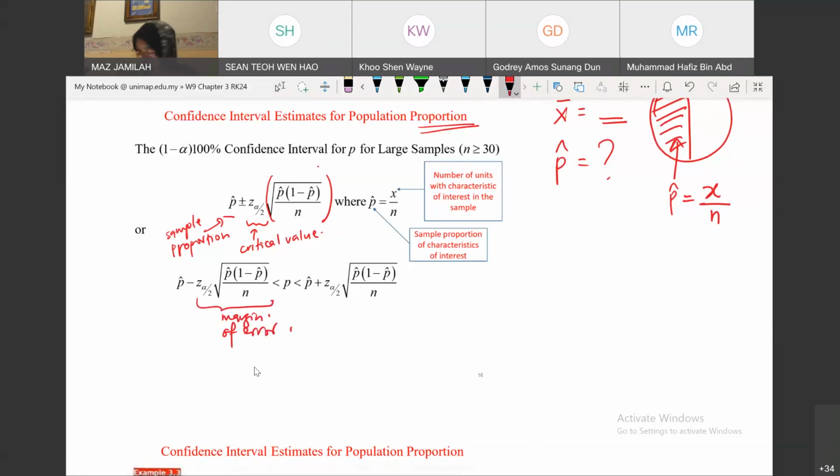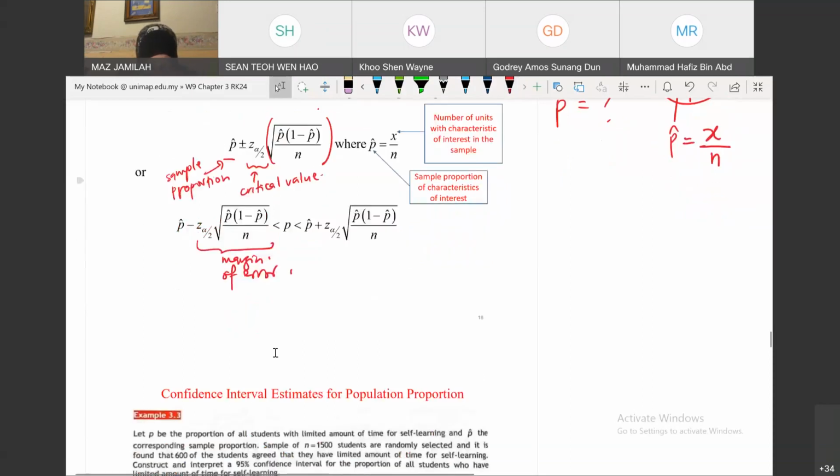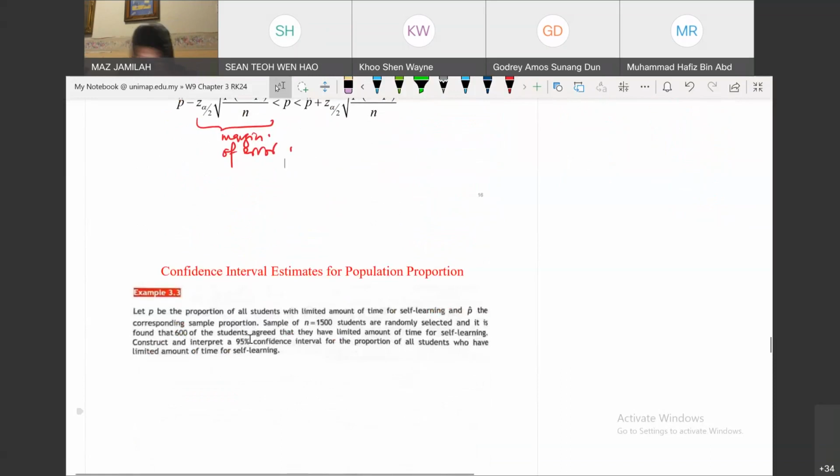Let's take a very quick look at the first example, then we look at exercise 3.2. Let P be the proportion of all students with limited amount of time for self-learning and P hat the corresponding sample proportion.